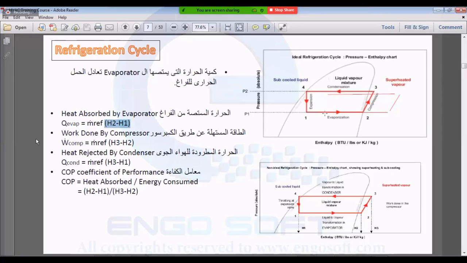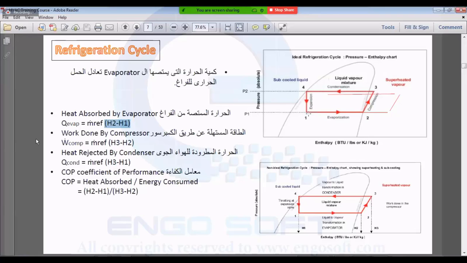This is a P-h diagram. We need to enter through these deep details, but we will wrap it up as fast as we can to go through the elements of the air conditioning systems.